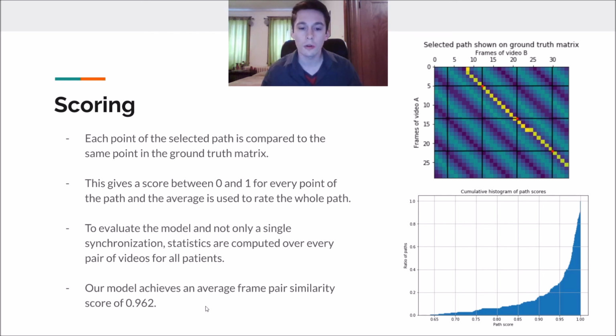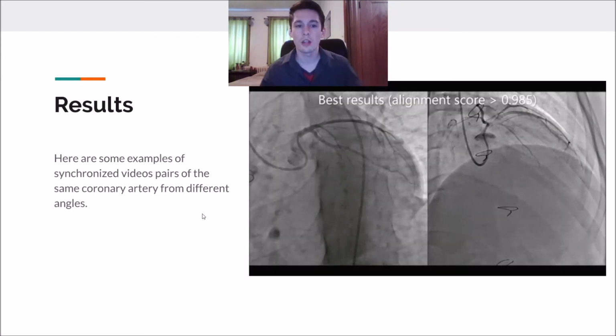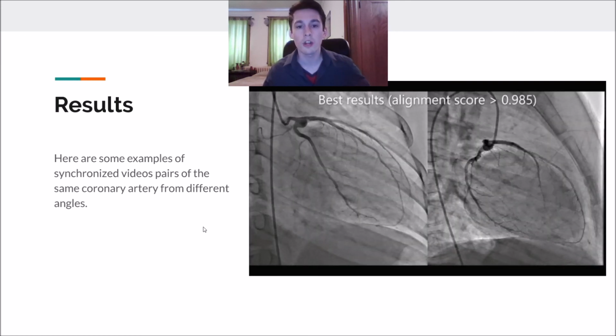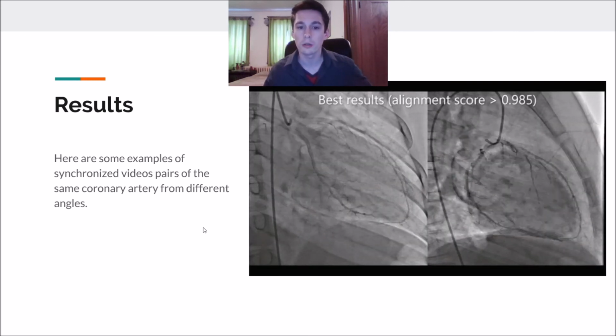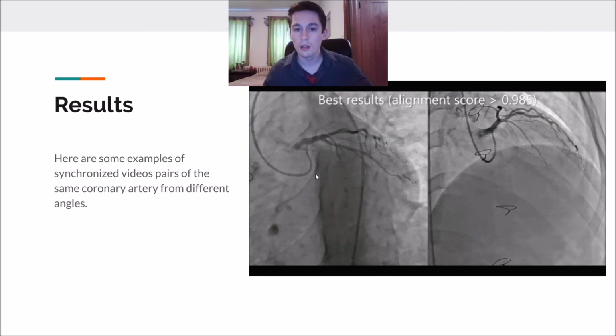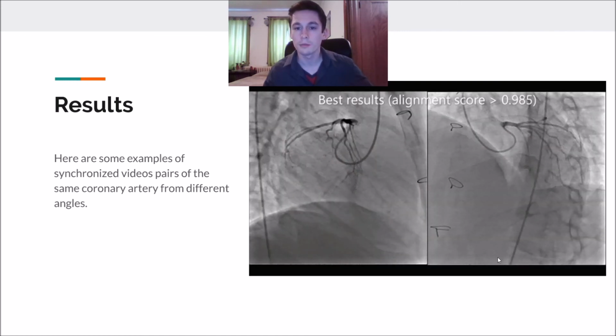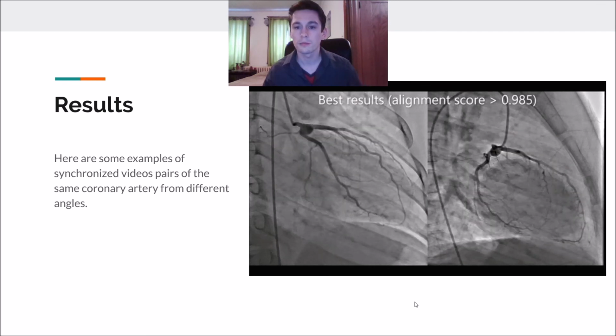The average score of the model is around 0.96. Here are some examples of synchronized video pairs of the same coronary arteries from different angles. As you can see, the cardiac phases are perfectly synchronized.